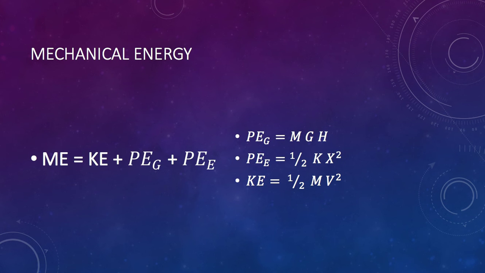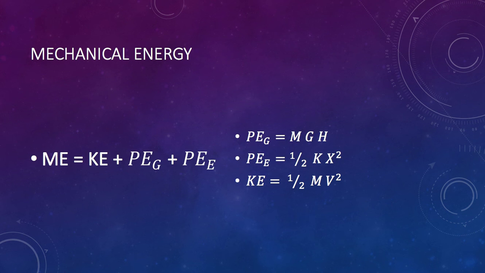Mechanical energy: ME = KE + (PE)_G + (PE)_E. (PE)_G = mgh, (PE)_E = 1/2 kx², KE = 1/2 mv².